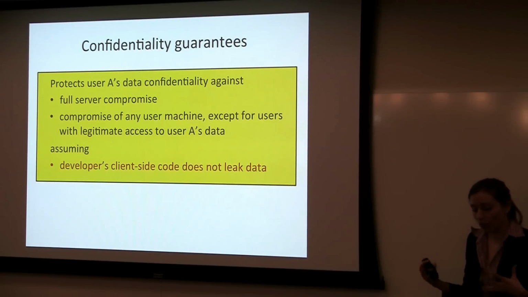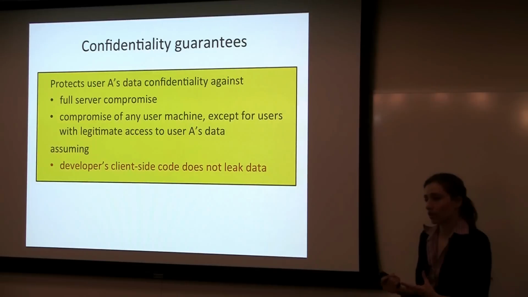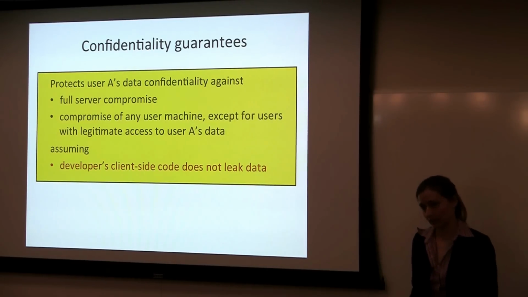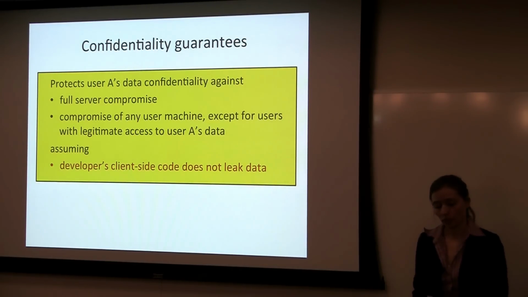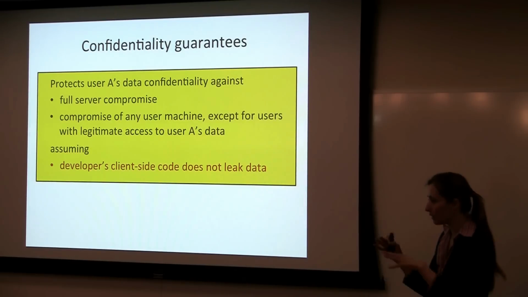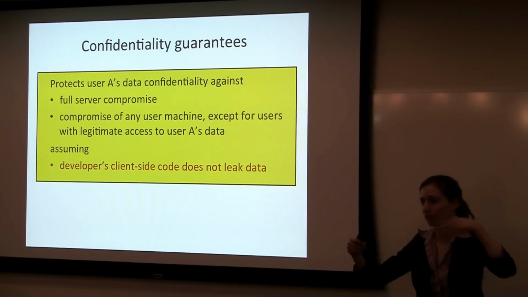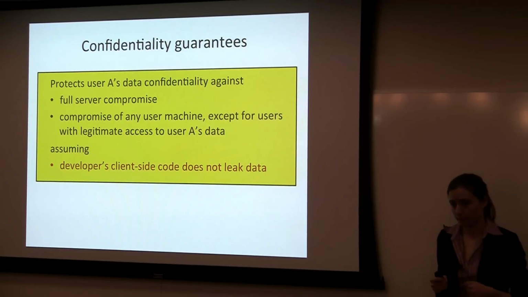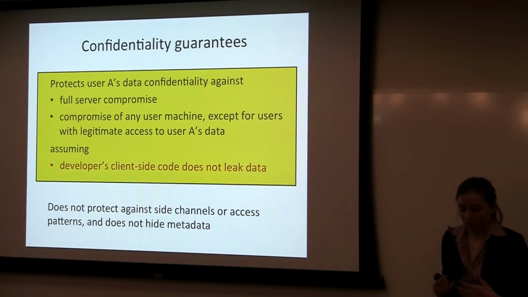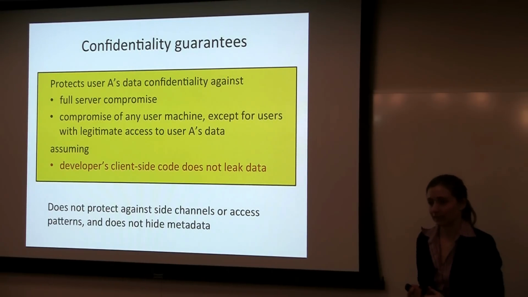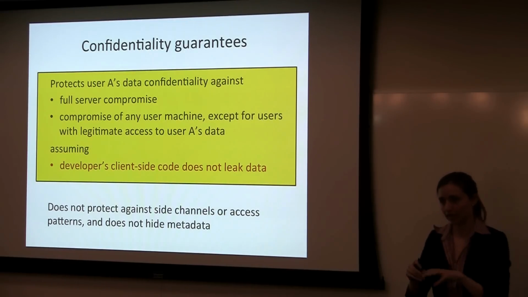And all this assumes that the developer's client-side code does not purposefully leak the data. Of course, the code could be changed by an attacker, but the original code of the developer does not try to send data purposefully to some adversary. And Mylar does not protect against side channels or access patterns and does not hide metadata. It focuses on hiding data content.